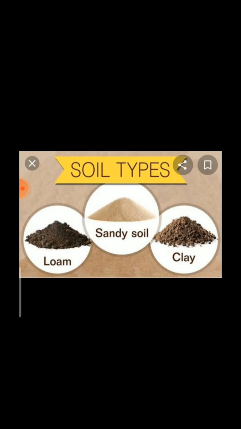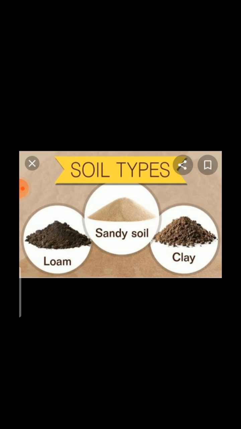So I already told you the soil formation process is a very slow process which occurred by weathering of rocks. What do you mean by weathering of rocks? Breaking down of rocks with the help of sunlight, air, water.